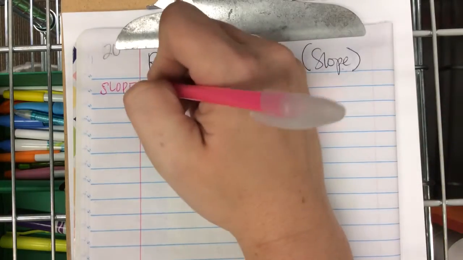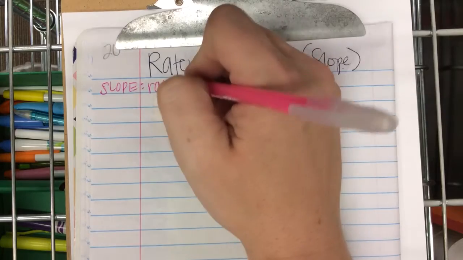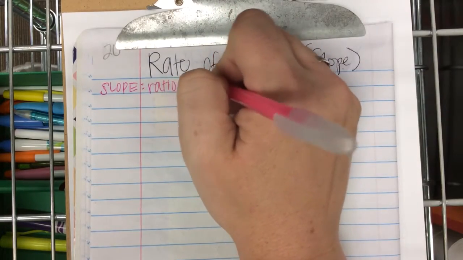And slope is a ratio, which if you remember from pre-algebra is a fancy word for fraction.